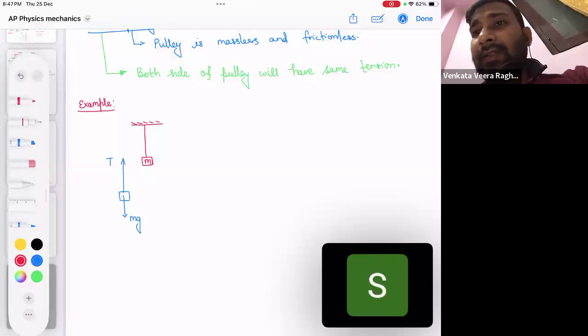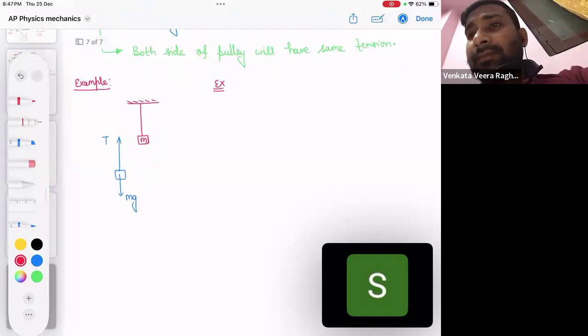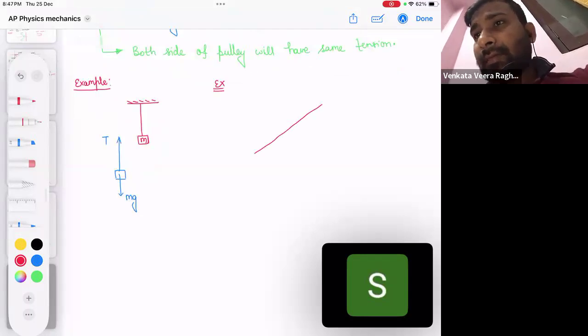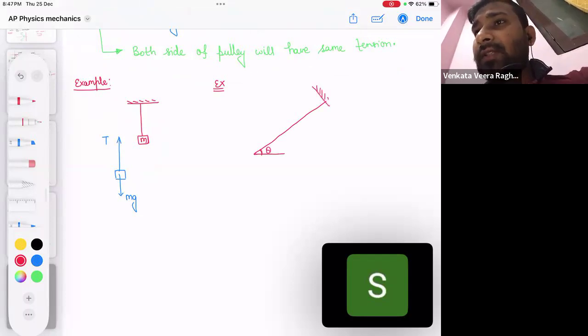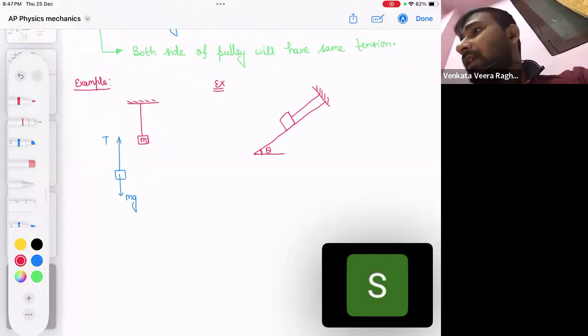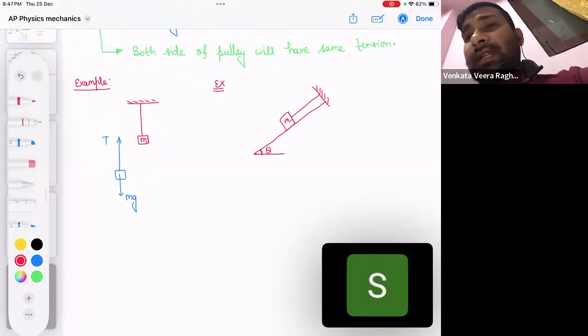Next example, let's see. Here we have only two forces. Let's see another example. Now I have discussed three forces with you, isn't it? Let's say this example is given to us: a block is kept on an inclined plane.